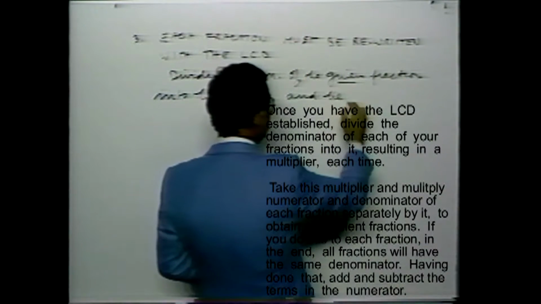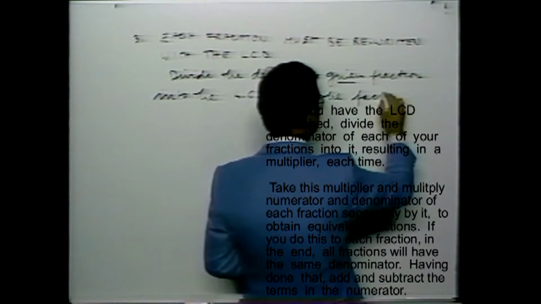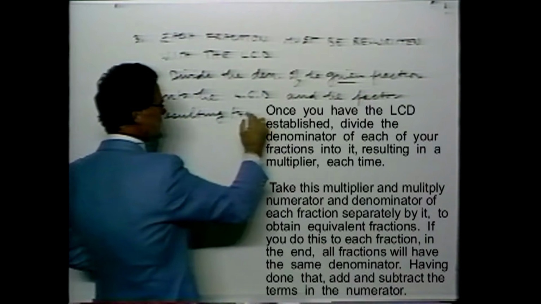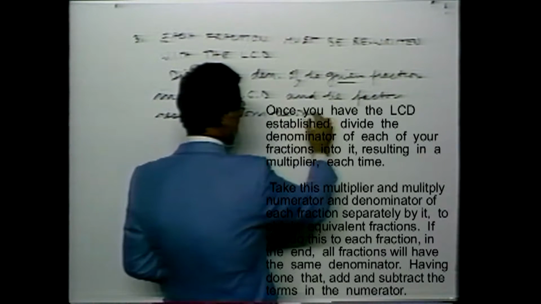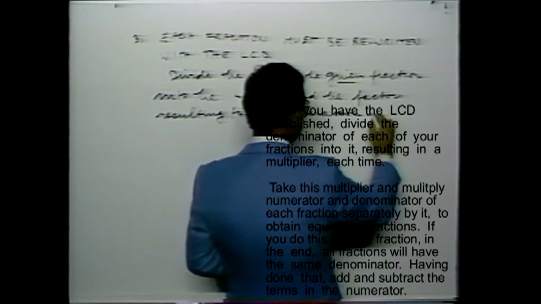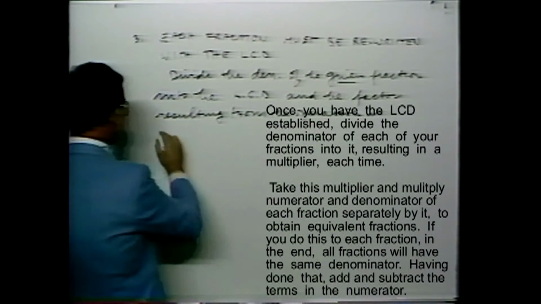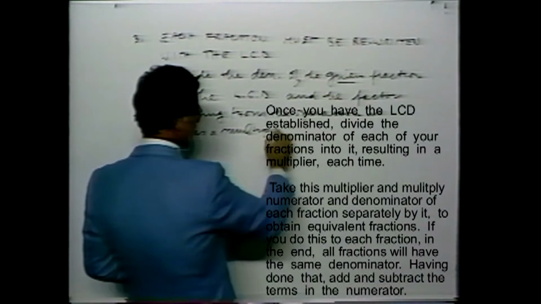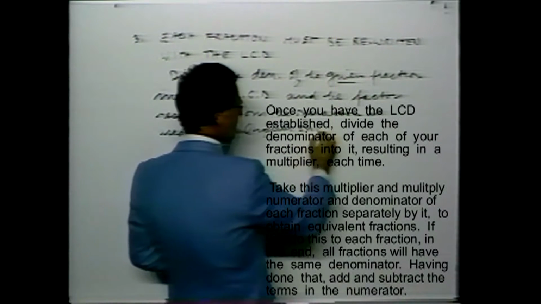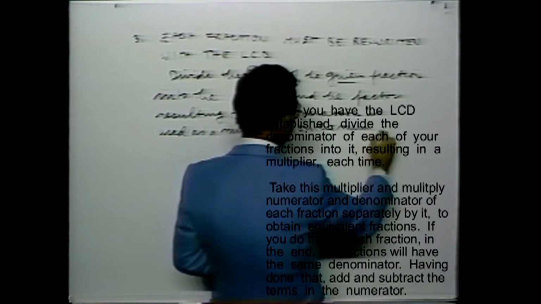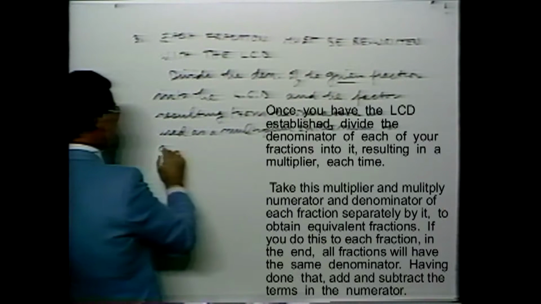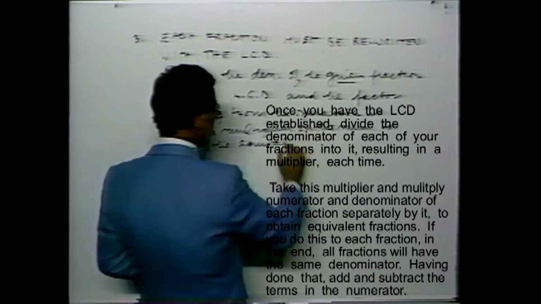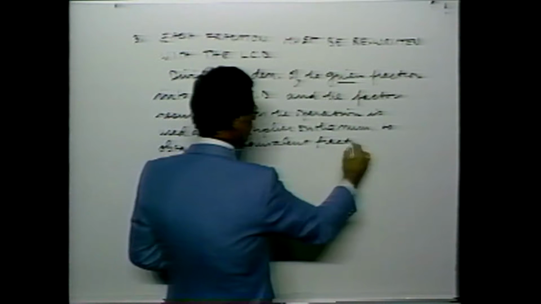The factor resulting from the operation is used as a multiplier on the numerator to obtain the equivalent fraction.